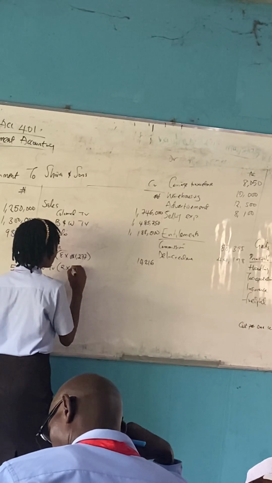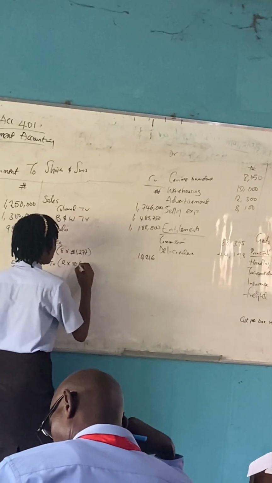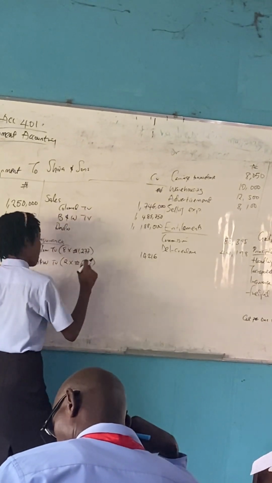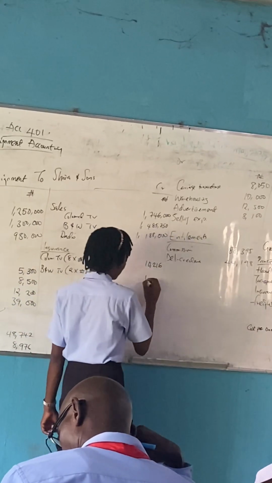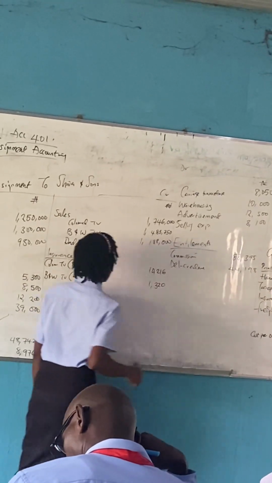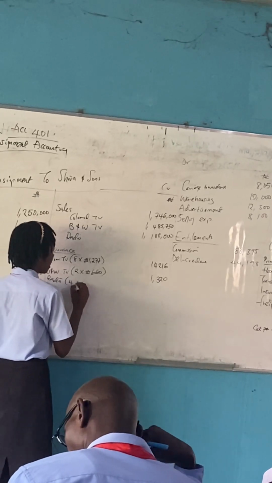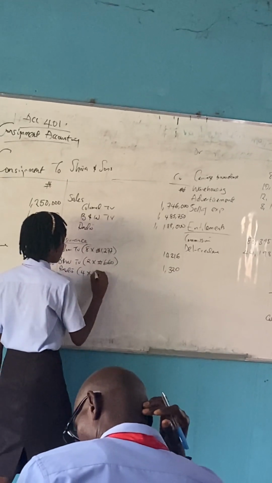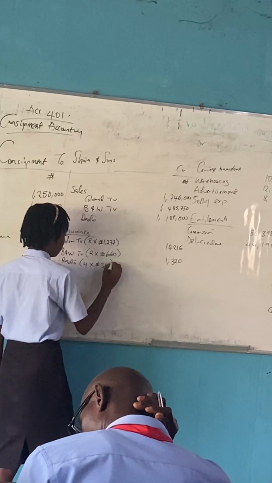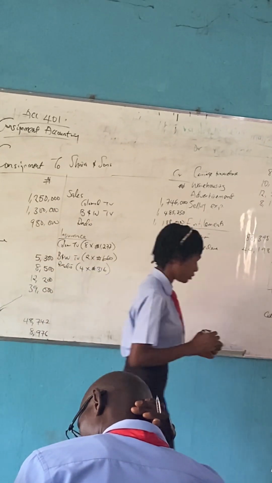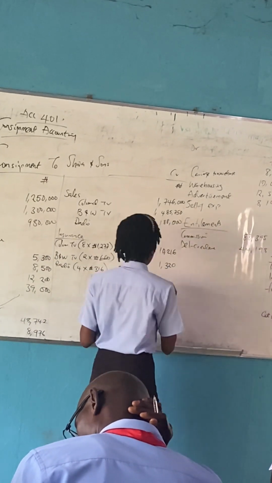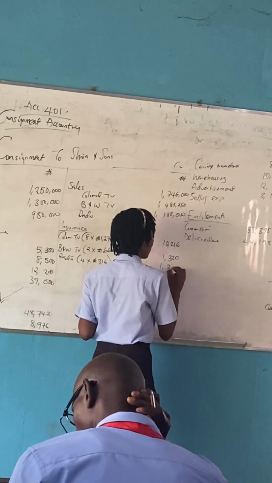Then how much is the cost per one up to the point of 6? Multiply. 1,200. And then the last one is the radio, right? How many radio sets were lost? 4. The cost for one is what? 320. Multiply. 1,264.